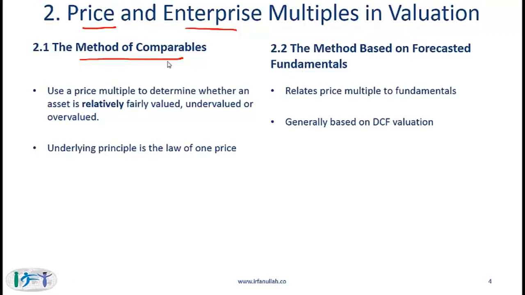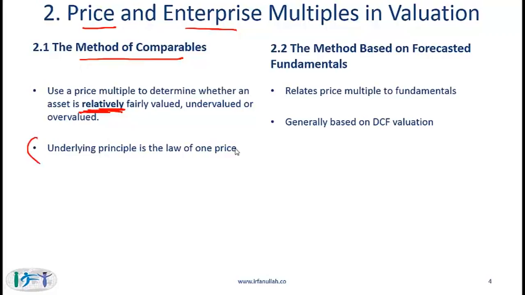With the method of comparables, we use a price multiple to determine whether an asset is relatively fairly valued, undervalued, or overvalued. And you need to understand why this relative is so important. Since you are comparing with other companies, you can only say that this stock is overvalued or undervalued compared to the other company. So that's why we use the term relatively fairly valued or not.